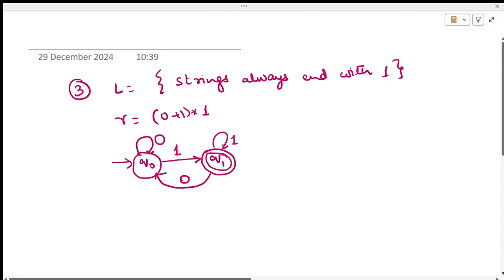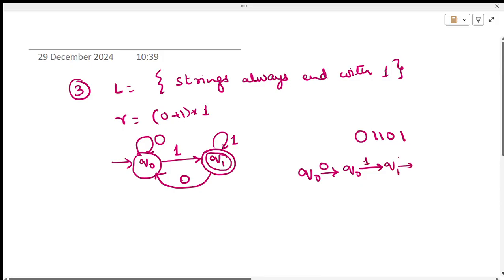Whenever the string is ending with 1, assume any string which ends with 1, you will see that this machine is going to accept it. For example, take the string 0, 1, 0, 1, which ends with a 1. We start from Q0. Q0 on reading 0 stays on Q0. Q0 on reading 1 goes to state Q1.